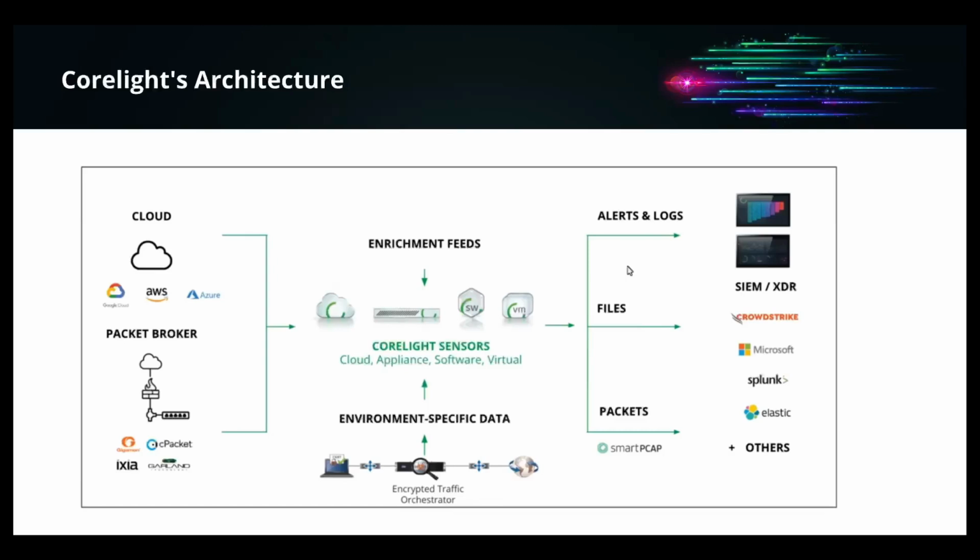Although Corelight doesn't decrypt encrypted traffic, it can detect attacks across various encrypted protocols using a very nice feature called encrypted traffic collection, which allows us to do the analysis of SSH, for example, or TLS and VPN. And if necessary, integration with a traffic decryption solution is also possible.